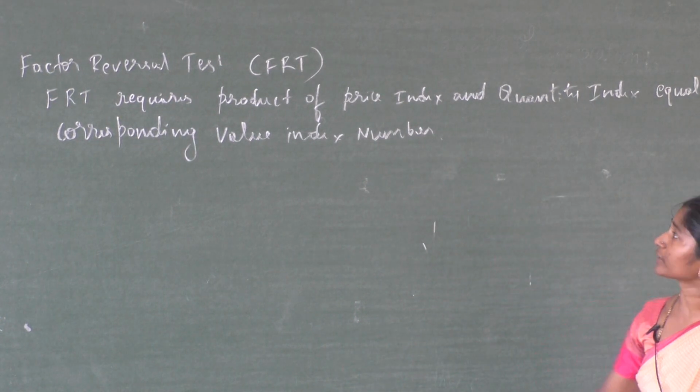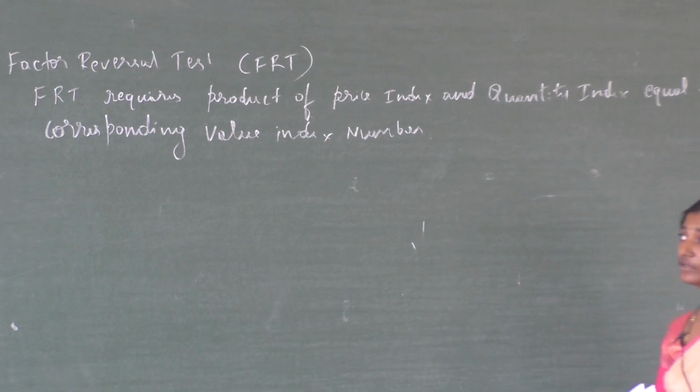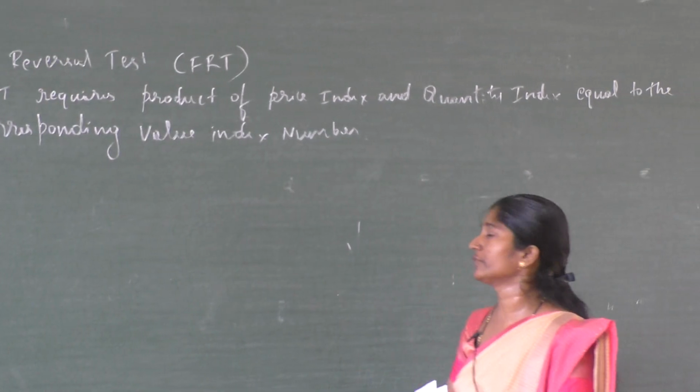See what the changes in the price and the changes in the quantity give. That gives the value index number.